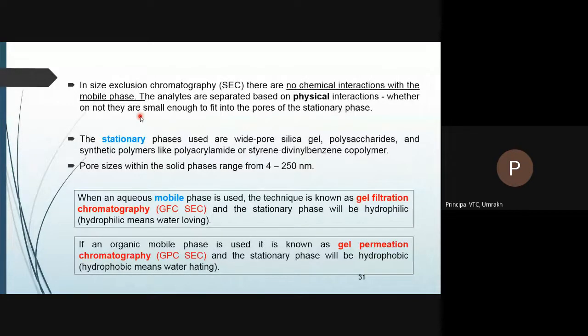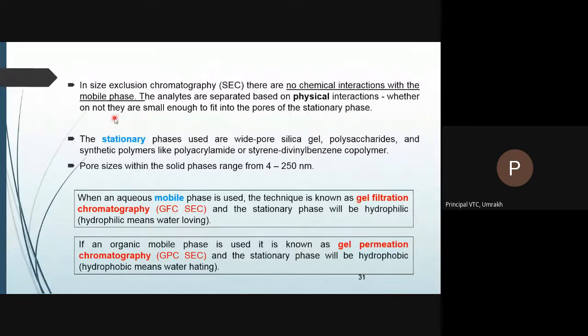So in size exclusion chromatography, the bigger particle will move first because it is not included in the pores of the stationary phase, it will not be retained at all, and it will elute first. Smaller particles will take much more time because they follow a much longer way, so they will elute last.